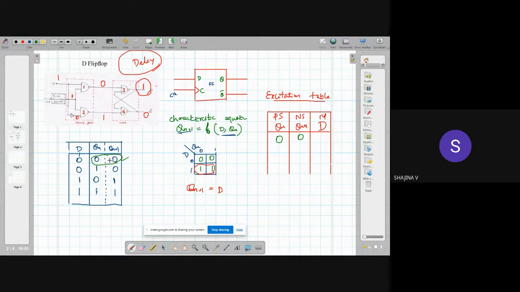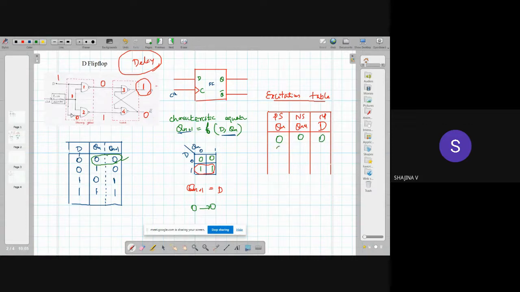There is only one possibility, that is when D equal to 0. അപ്പോൾ present state 0 ആണെങ്കിൽ നിങ്ങൾക്ക് next state 0 കിട്ടണമെങ്കിൽ you have to apply input as 0. Okay, so corresponding to 0 to 0 transition, we require D equal to 0, right?